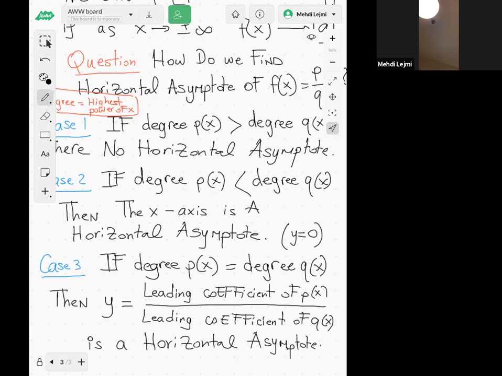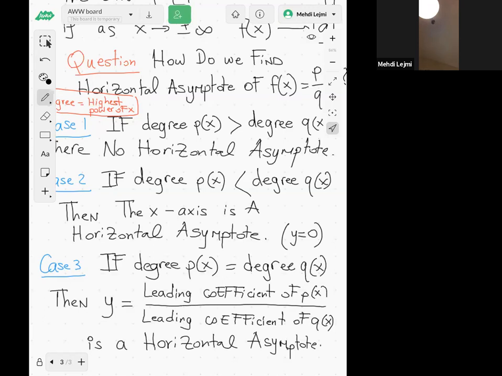So what I'm saying here, guys, is that to find the horizontal asymptote, you have to compare the degree of P to the degree of Q. If the degree of the top is larger than the degree of the bottom, there is no horizontal asymptote. If the degree of the top is less than the degree of the denominator, then the x-axis is the horizontal asymptote.